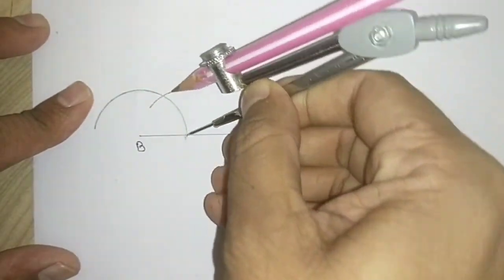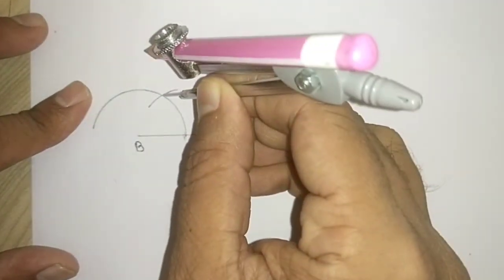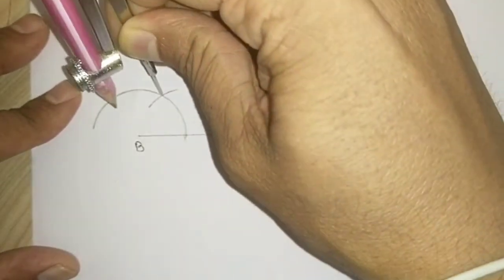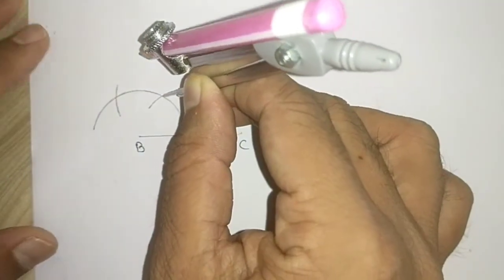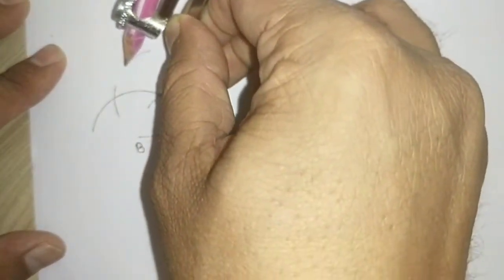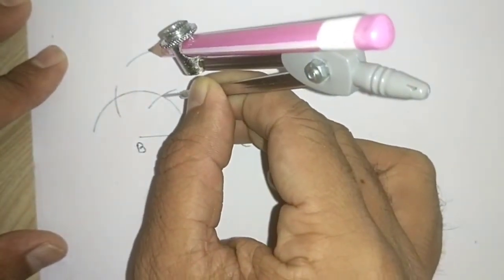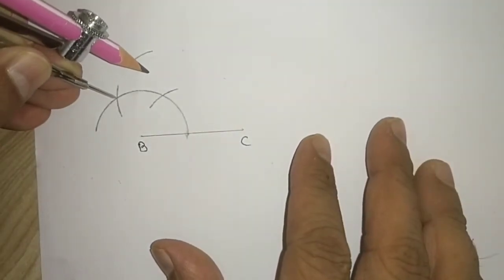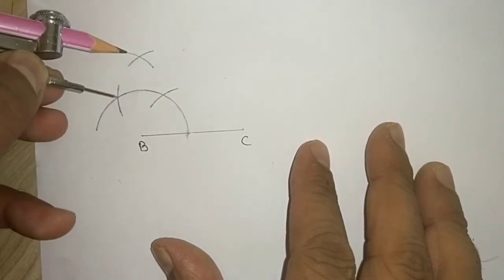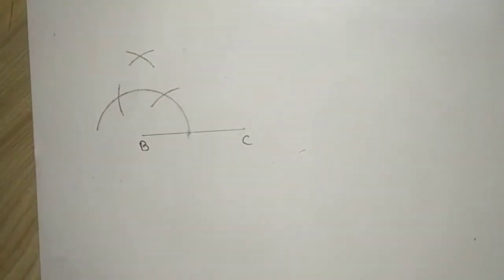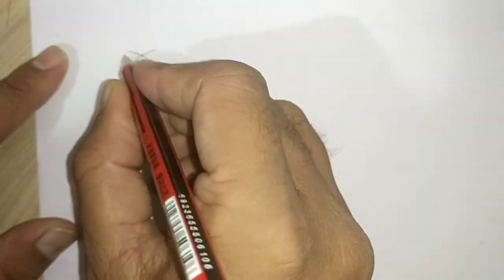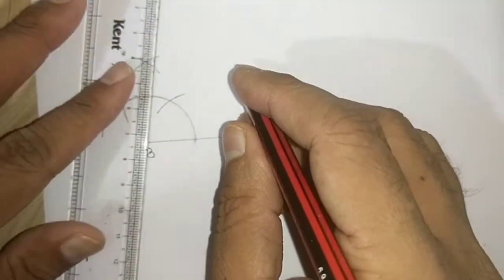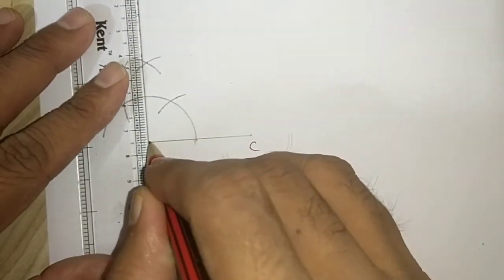First arc will be our 60, placing the needle on 60 now, drawing one another arc, that will be our 120. In between 60 and 120 we will take one arc each by putting on 60 first and then on 120. This will be our 90 degree mark. Let us name it as X. Join BX and extend it further.